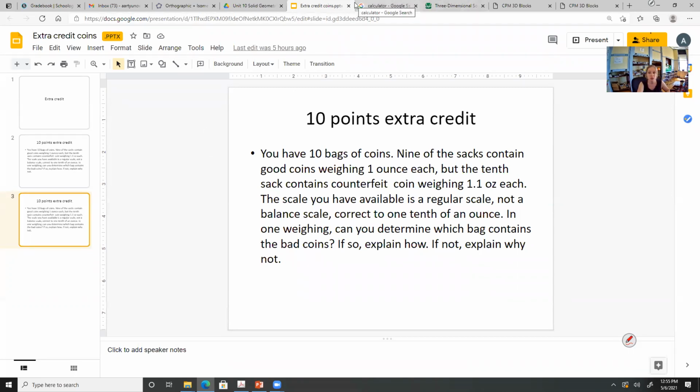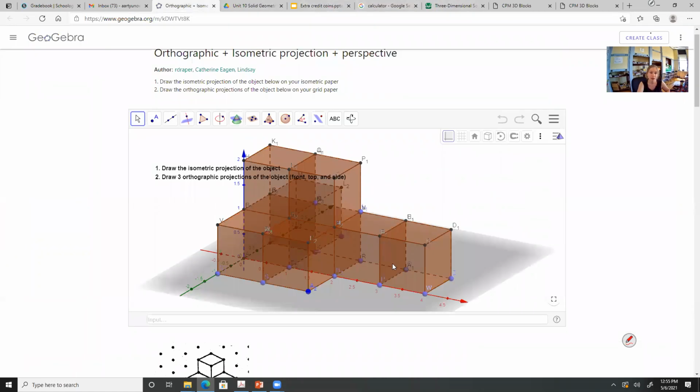For example, I could have shown them an orthographic or isometric view of a shape, and I could have asked them what's the volume of the shape, assuming that each block is one cubic unit. I think this would have been better for my lesson. So this is the first correction which I would make for my next lesson, which I will teach.